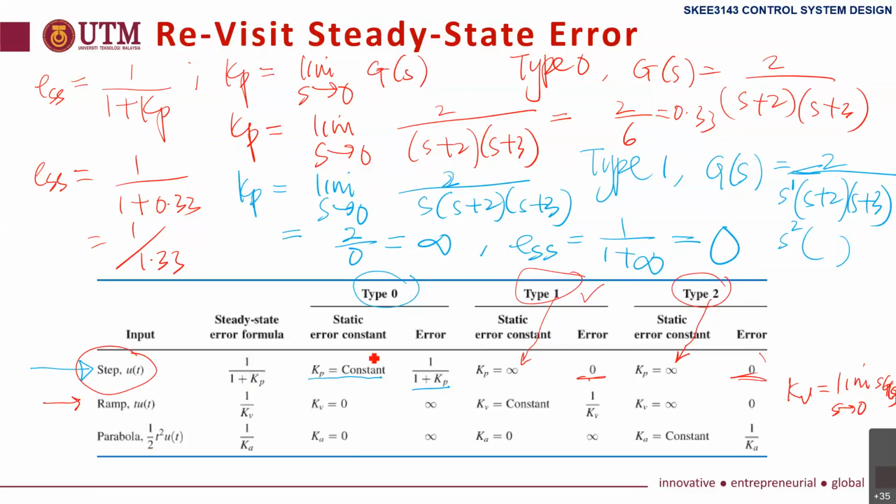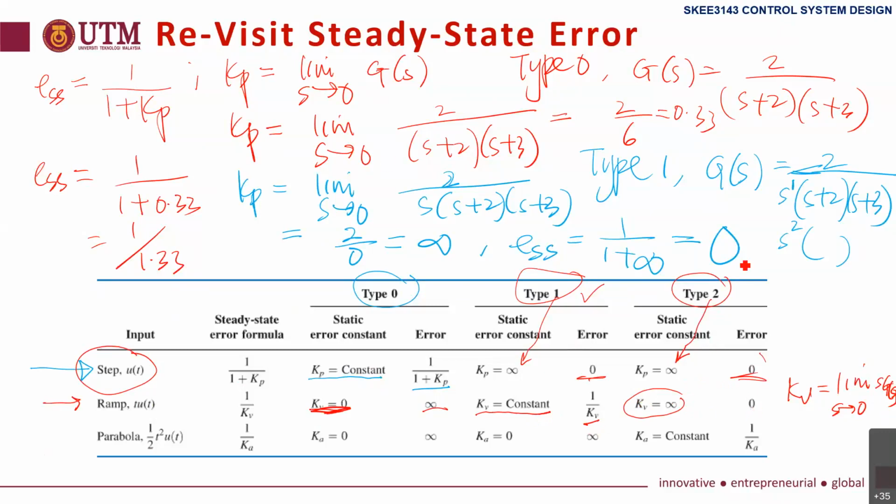If you type 0, you will see KV 0. Okay, and error infinity, no use. We will not use that type. But if you use type 1, KV, there is a value, and the error 1 over KV, and it will be 0 error if we have type 2, because KV will become infinity if type 2 system.